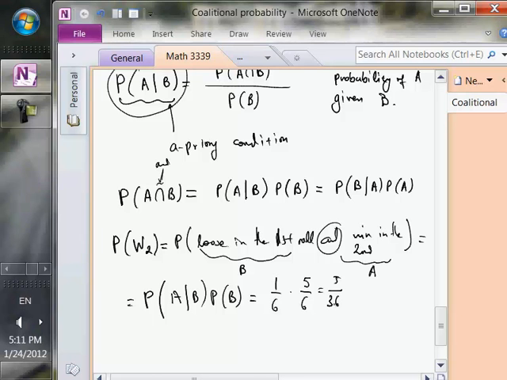Now, this was exactly the probability of not rolling a 6 in the first roll, but rolling a 6 in the second roll. Why is the probability of rolling a 6 in the second roll 1/6? It's always 1/6. And the result of the first roll and the second roll are independent.